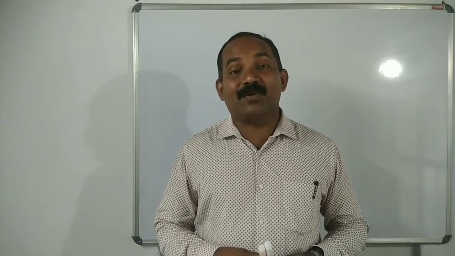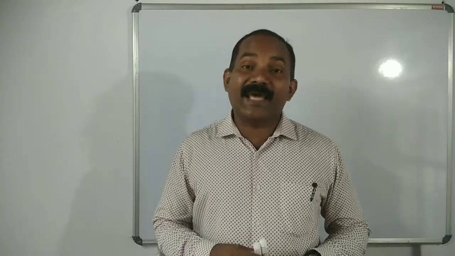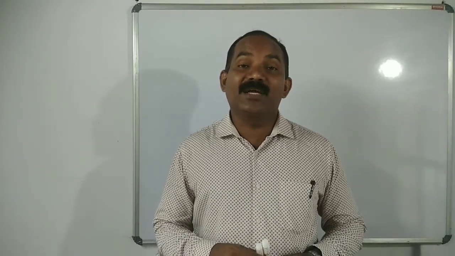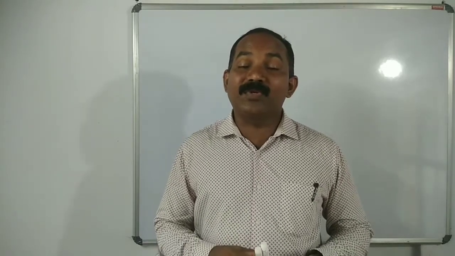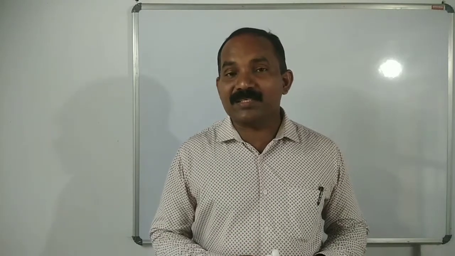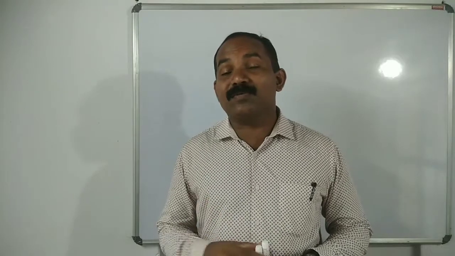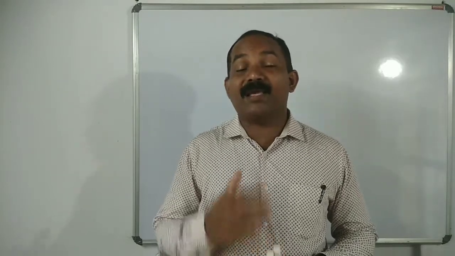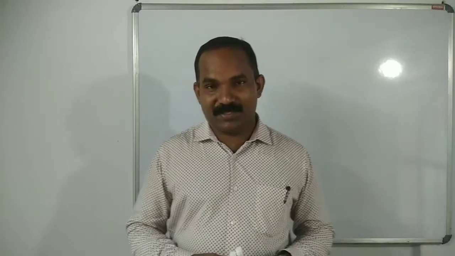In this section we are going to discuss the naming of cyclic compounds and the nomenclature of organic compounds which contain functional groups. In the last section we discussed the general rules for naming alkanes, alkenes and alkynes.